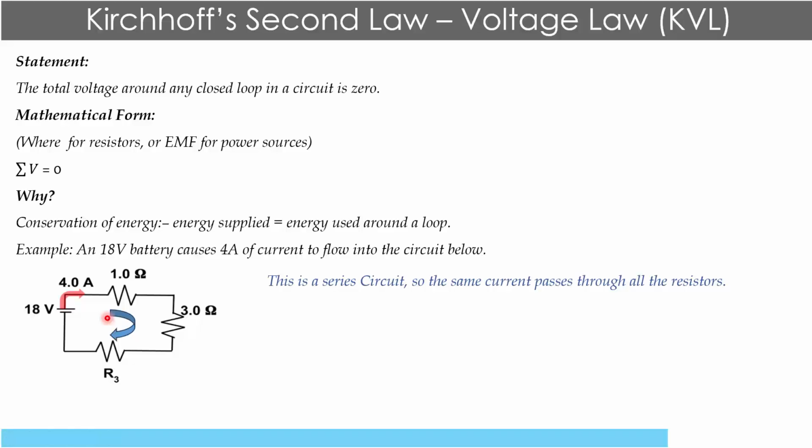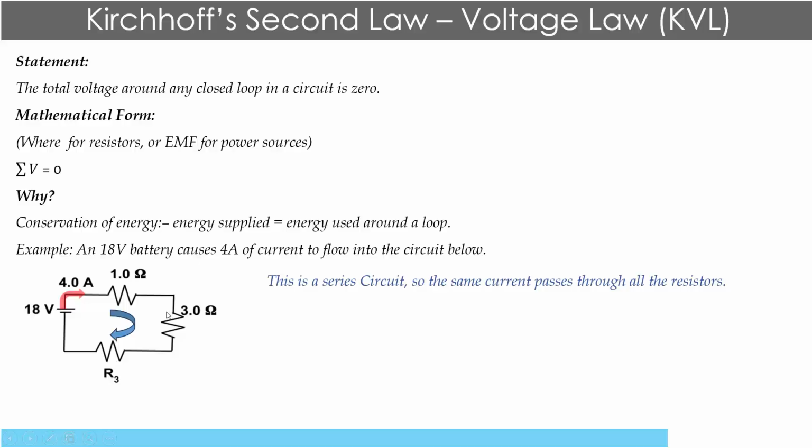Like in this particular circuit, we have a 4-amp current passing a 1 ohm resistor, meaning that the voltage drop across this 1 ohm resistor is equal to 4 times 1. Then there's also another voltage drop across the 3 ohm resistor, which is given by the current times the value of the resistance, which is 4 times 3.